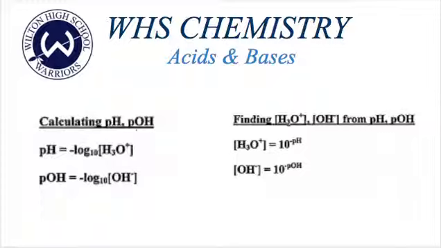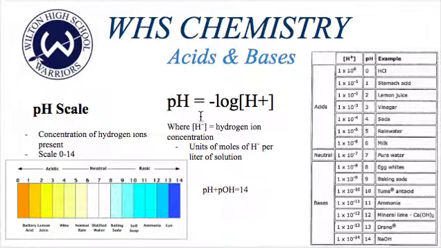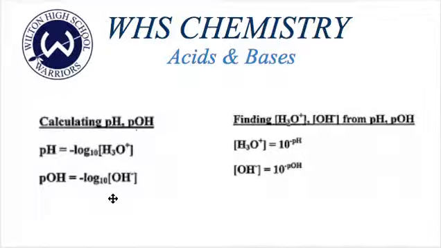And next, here are the key formulas you need to know. So we just went over this top one. It says H3O plus, which is the same as H plus. And if you notice here, it has log base 10. That is the same as log, and this is the same, so don't get confused.